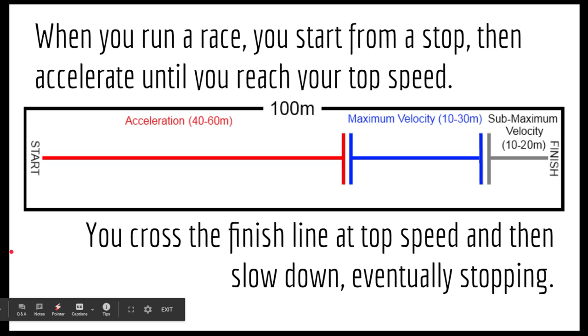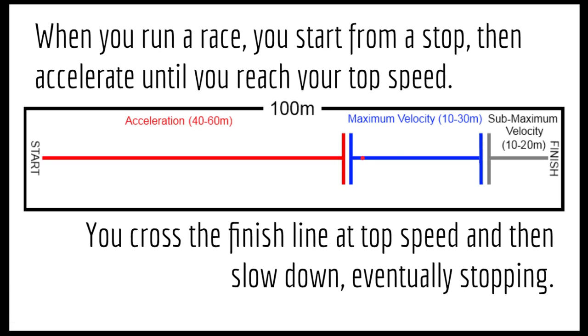We're going to be thinking about a race in the questions on our assignment. And when we run a race, there are different parts of the race where we are increasing or decreasing speed, accelerating, or stopped. When you run a race, you start from a stop, then accelerate until you reach your top speed.